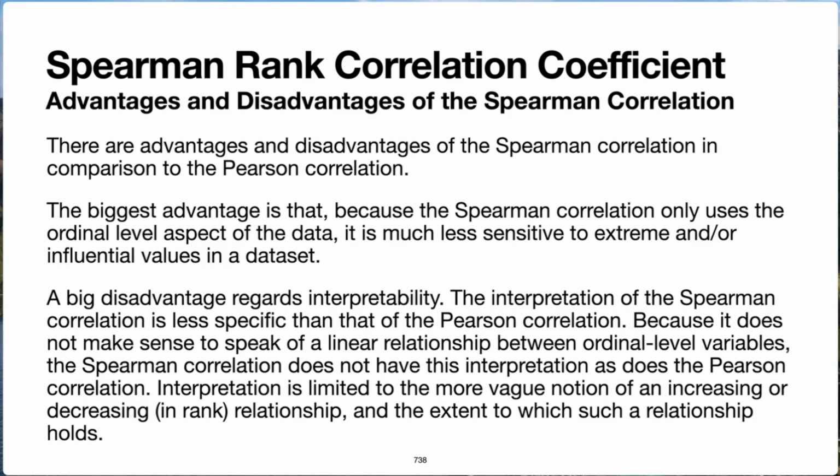And that's similar to how the median as a measure of location is insensitive to extreme values, and also how the interquartile range as a measure of variation is also not greatly impacted by extreme values in your data set. So the Spearman correlation, we can consider it as a more robust measure of correlation or the relationship between two variables. It's not going to be as impacted by extreme values or influential values.